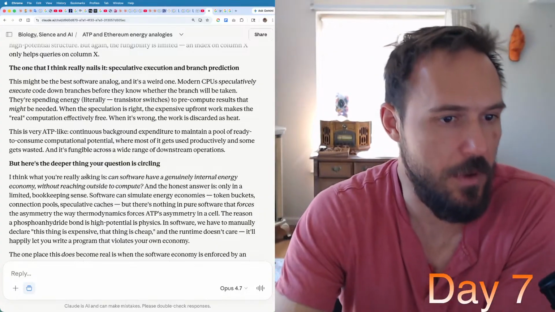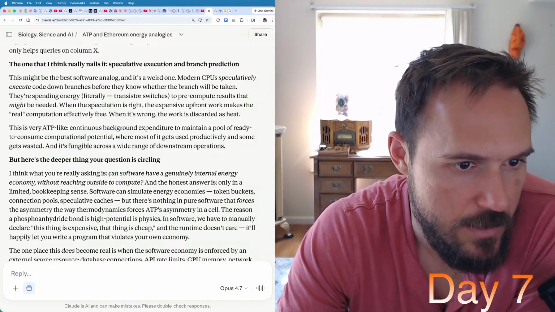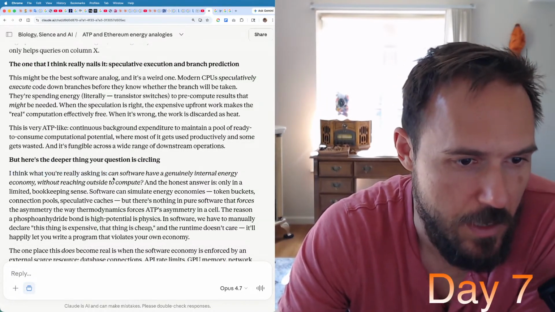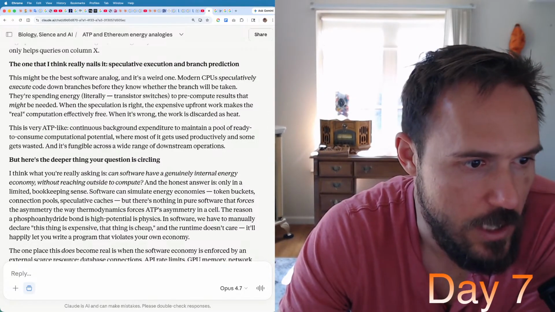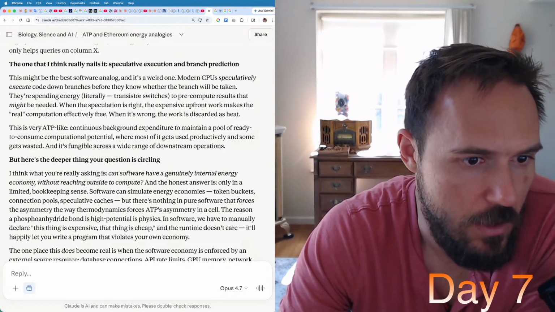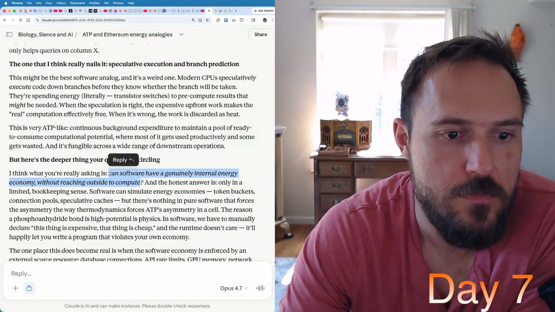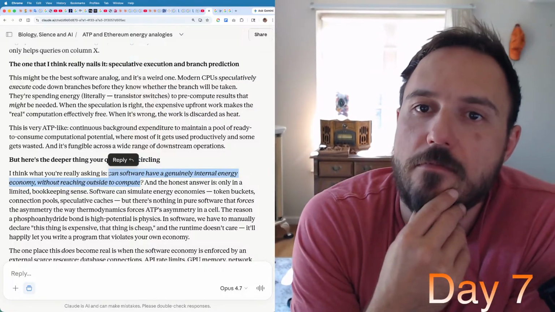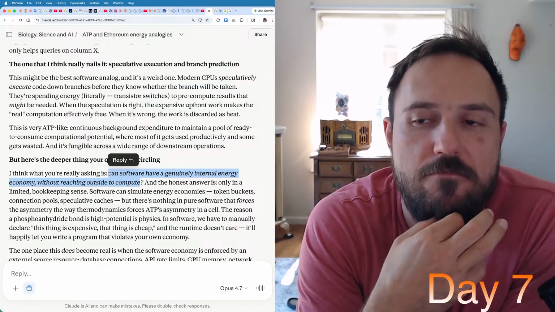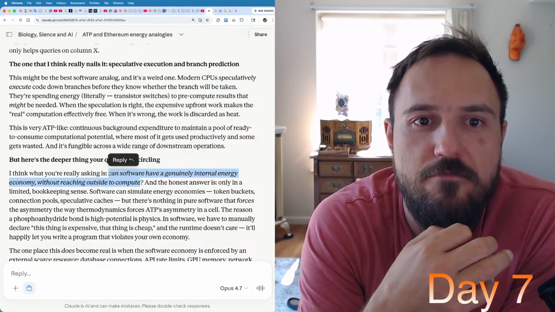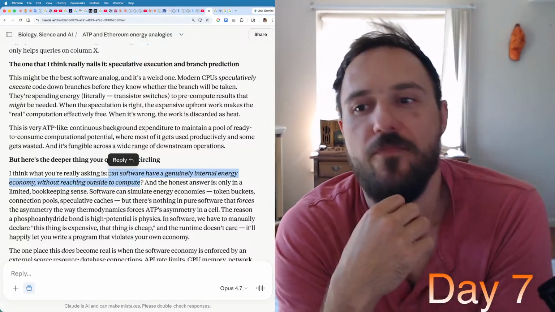But here's a deeper thing your question is circling. I think what you're really asking is: can software have a genuinely internal energy economy without reaching outside to compute? Yes.